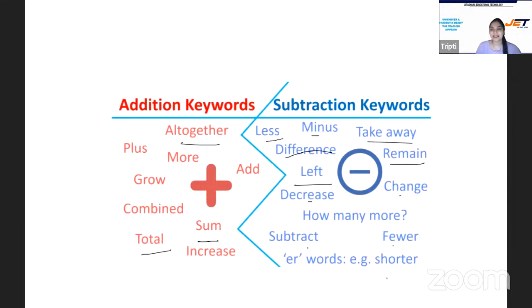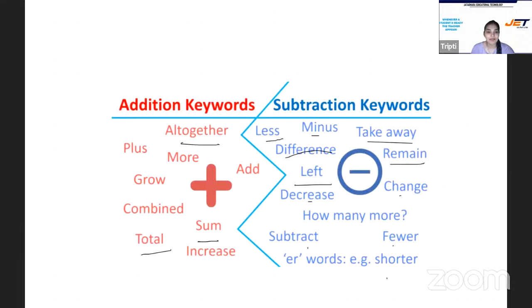If you find these keywords, that means you have to do subtraction. Generally, we see how much less or how many more do we require, or if we take away that, then what will be the leftover? What is the difference? What is the remaining number of things? So this is the list of keywords that will help you in figuring out what to do.